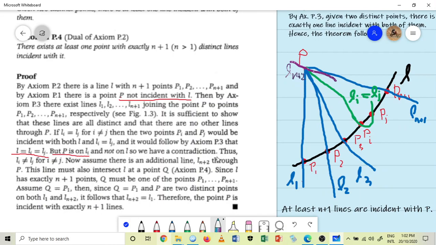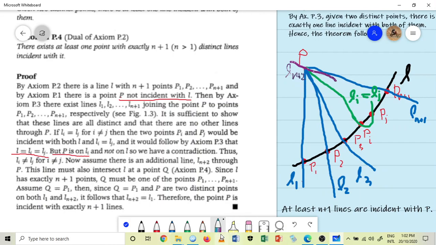So in other words, in the finite projective planes, there are no parallel lines. Every pair of lines intersect. There is no pair of lines which do not intersect. Meaning, this line L sub N plus 2 and L must meet somewhere. So L sub N plus 2 must contain a point on L.